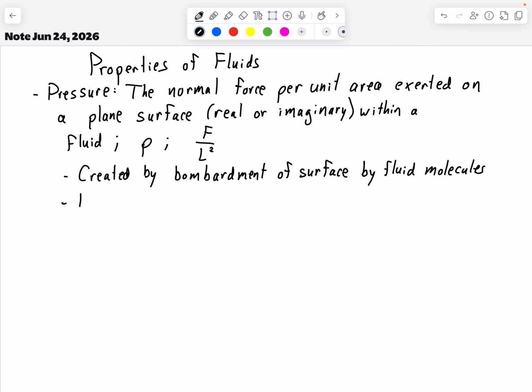For gases, pressure varies with temperature and with density by the ideal gas law.